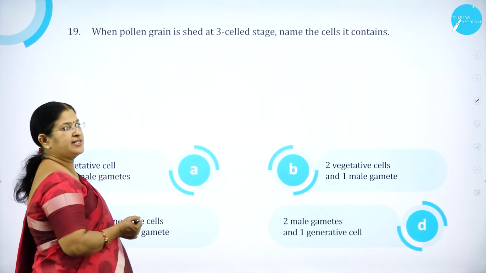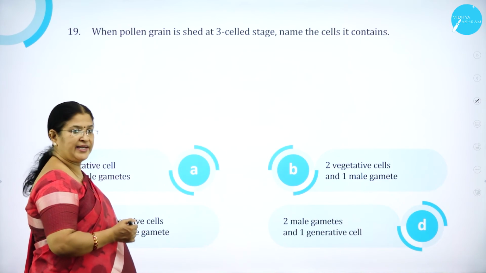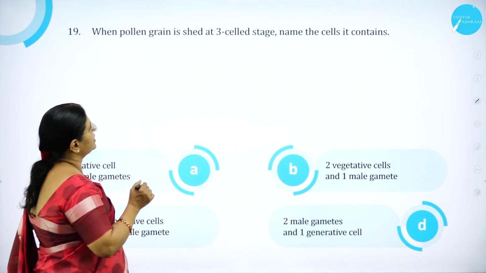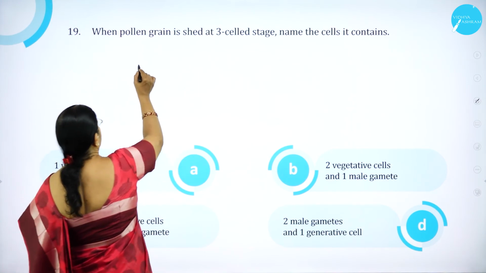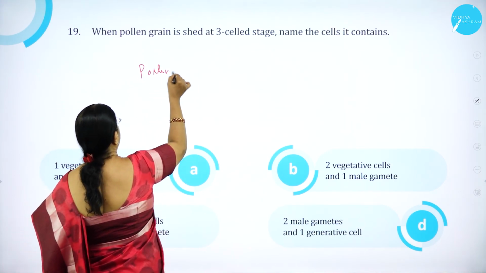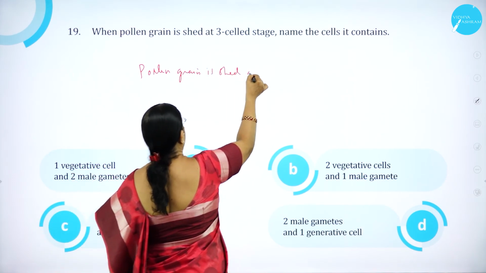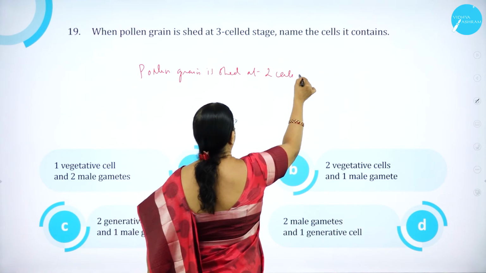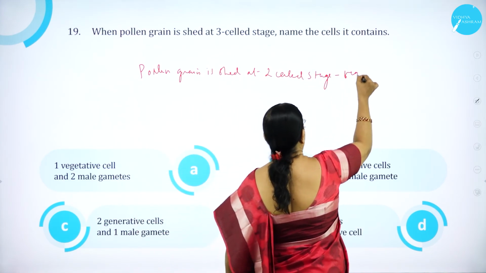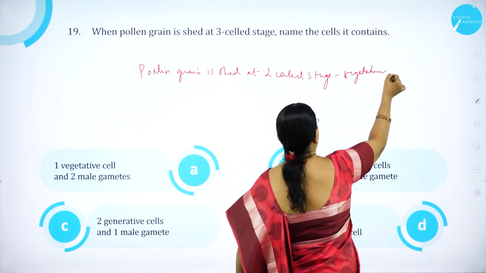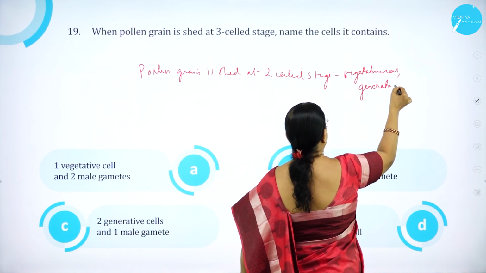When pollen grain is shed at 3-cell stage, name the cells it contains. I think all of you know, sometimes the pollen grain is shed at 2-celled stage. That is vegetative cell and generative cell.